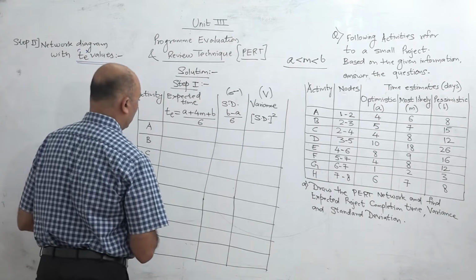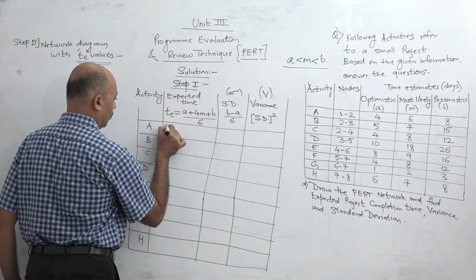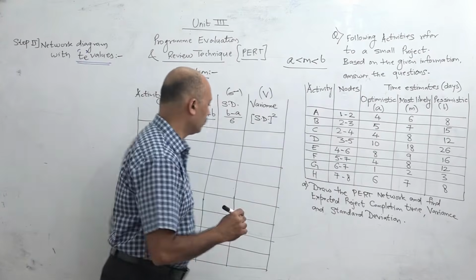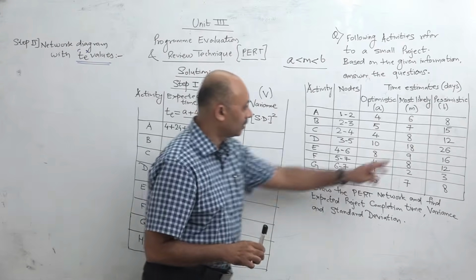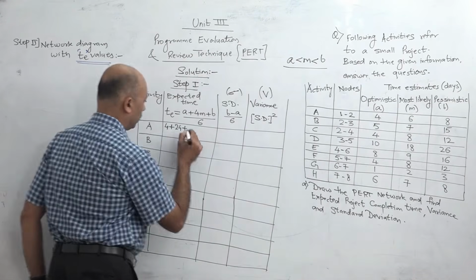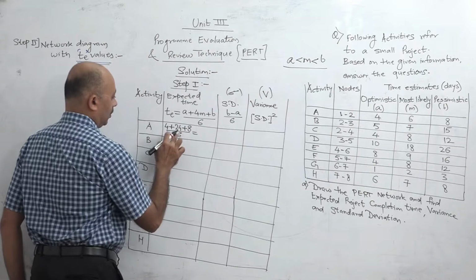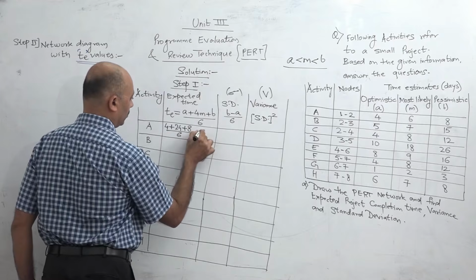So for example, for activity A, the optimistic time is 4, the most likely time is 6. So 6 into 4 is 24, plus the pessimistic time is 8, so plus 8, divided by 6. So 24 plus 8 is 32, 32 plus 4 is 36, 36 by 6 is 6.